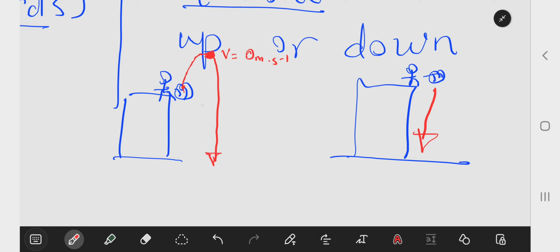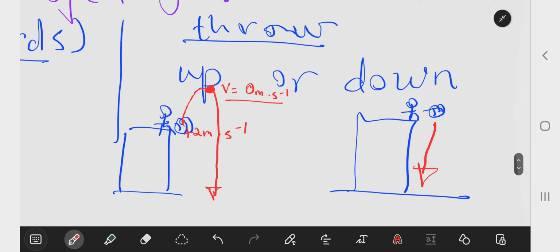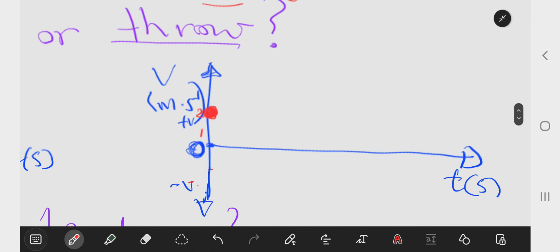Okay, so we are throwing this object with a velocity of 2 meters per second, right? Upward. So you expect the object to reach a maximum height. And at the maximum height, your velocity is equal to 0. So let us represent that on the graph.